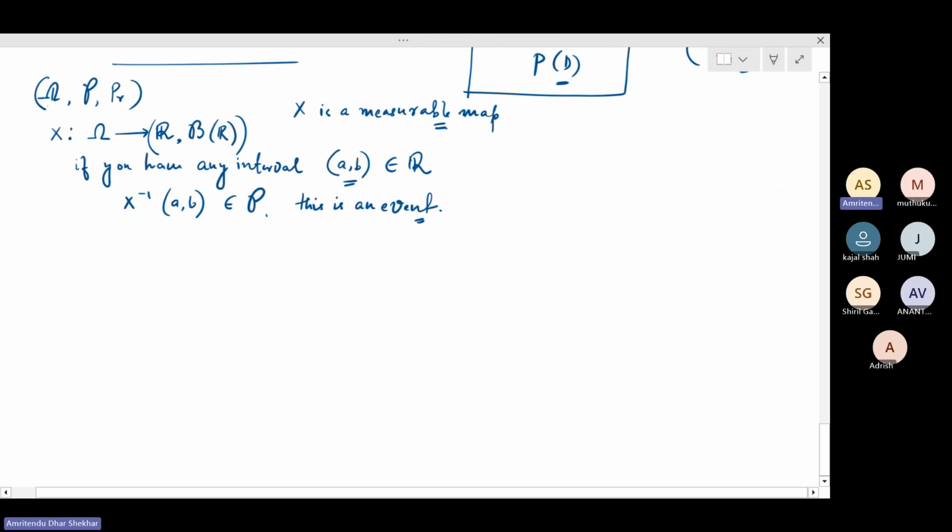In general, from this definition it follows that if C, a subset of R, is measurable, then X inverse of C is an event, which is just saying it belongs to P.